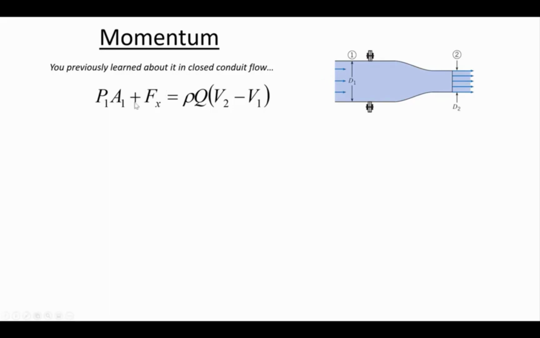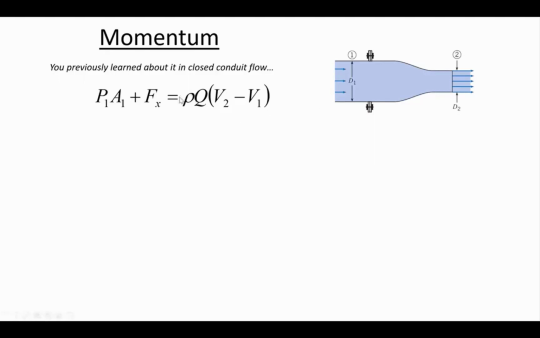And then F sub x, remember, that we would say is the force required to hold the system steady. So on the left side of the equation is the forces, and on the right side of the equation is the momentum flow. And so what we did was we looked at the difference between the mass flow in and the mass flow out.